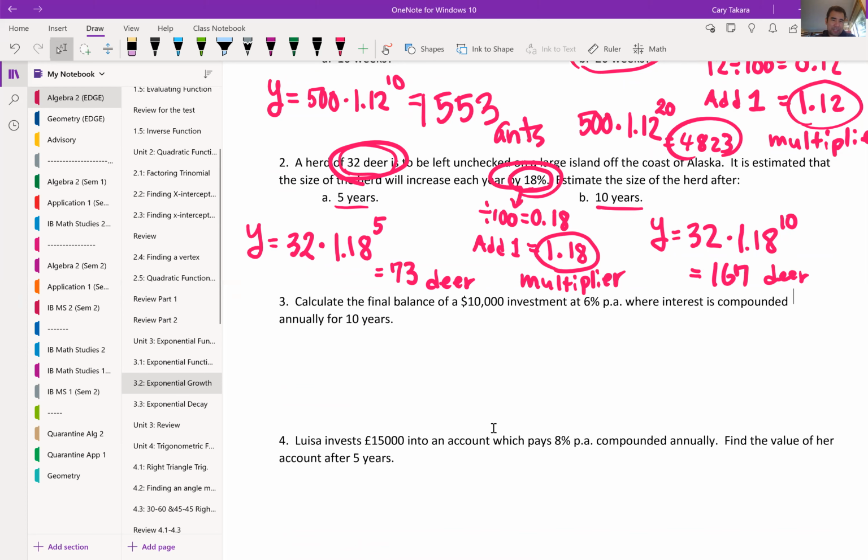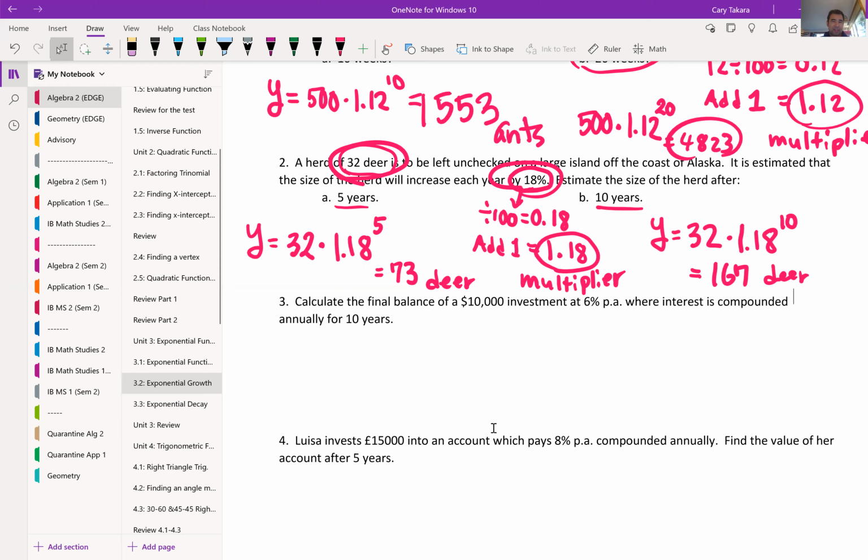So you've got, let's say, $10,000, and you're going to leave it in the bank or some sort of financial institution, and they will say, we will give you 6% interest every year. Okay. And let's say you're going to leave it for 10 years. How much will you end up having after 10 years? Okay. So that's what the question is.